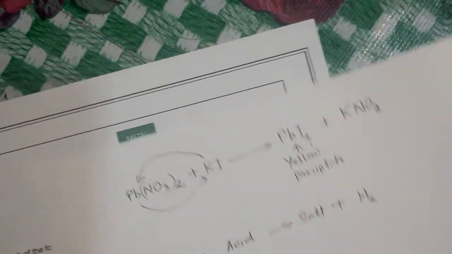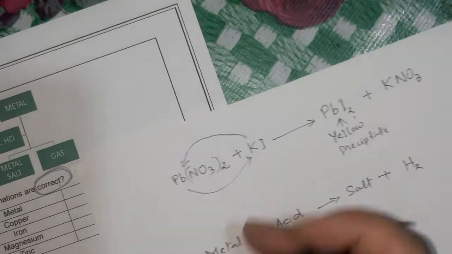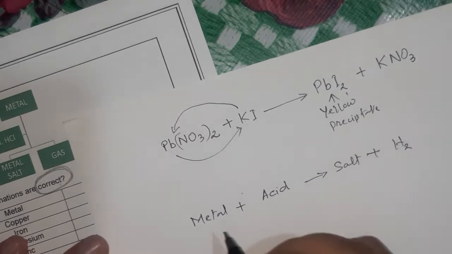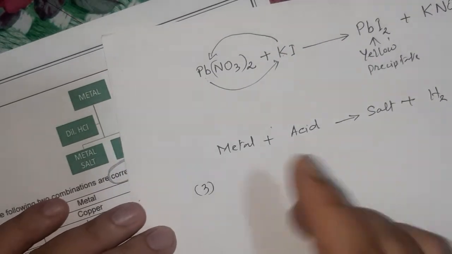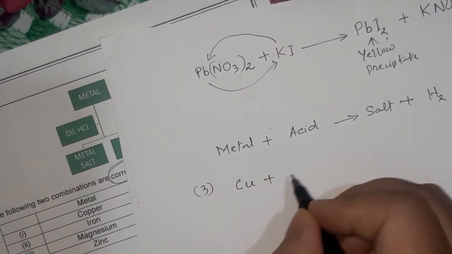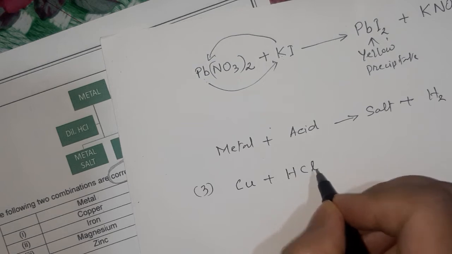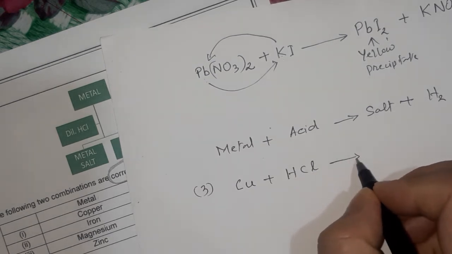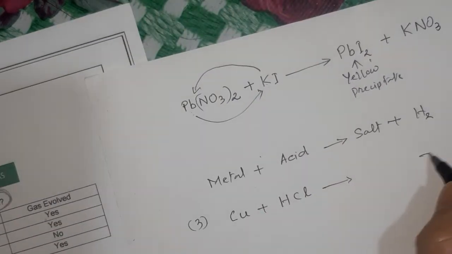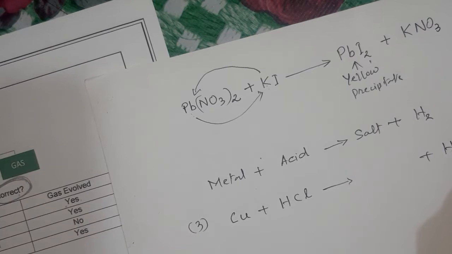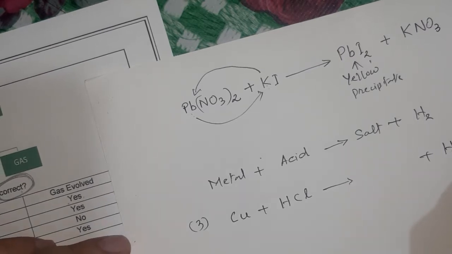Now in this case, for question number 3, they are telling that copper, that is Cu, whenever we mix it with hydrochloric acid, forms some gas. So obviously it will be the H2 gas, hydrogen gas.